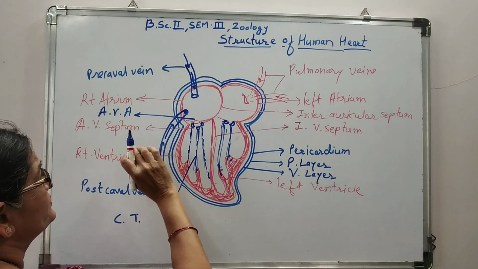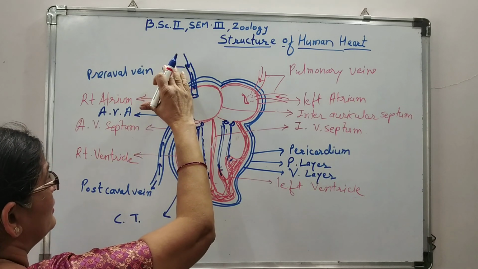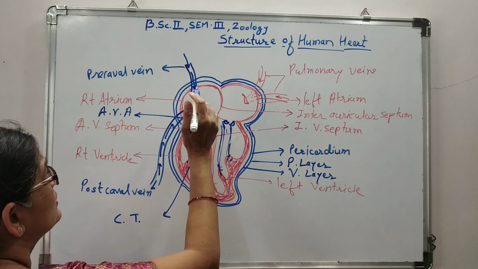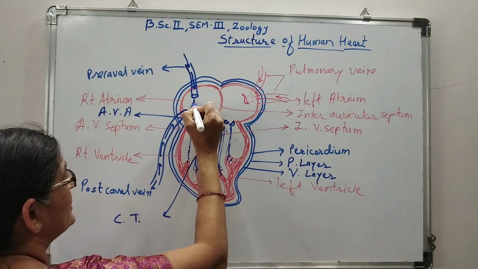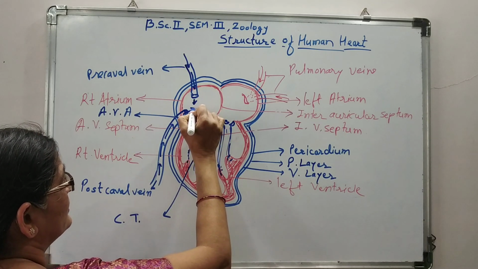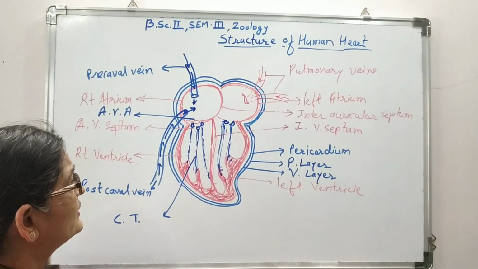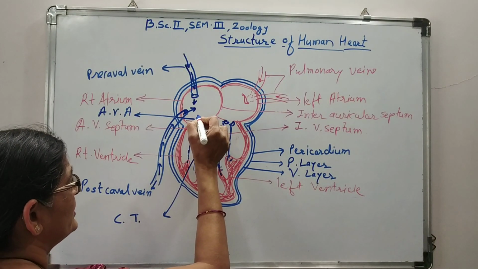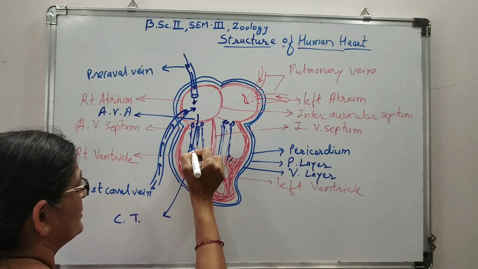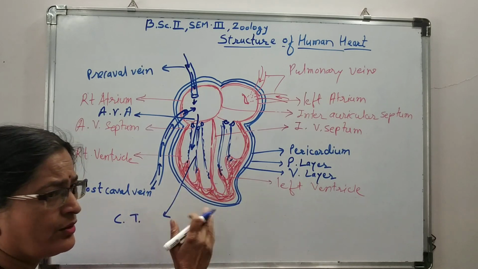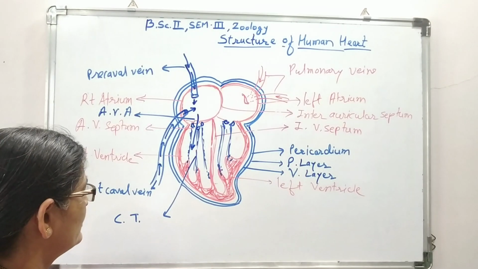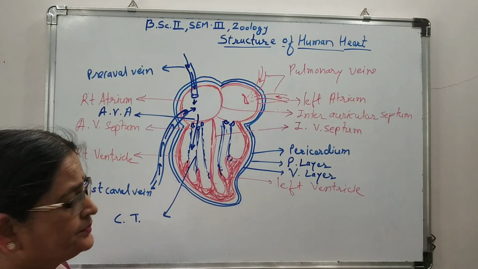Now, when this right auricle receives deoxygenated blood on this right side, then this deoxygenated blood has to be pushed into the ventricle of that side, that is the right ventricle.